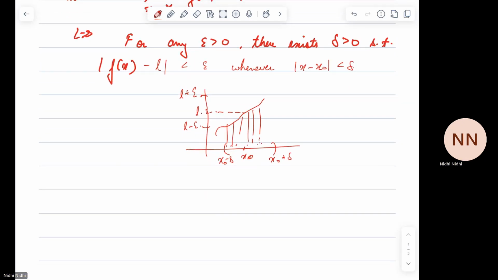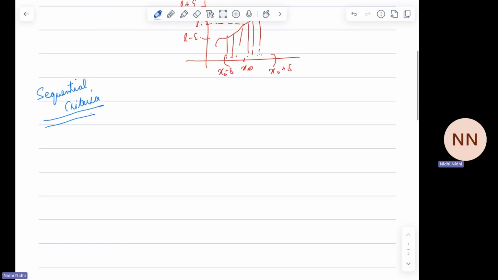Then we have the sequential criteria. This is also a very important result that one should be aware of in order to study limits.